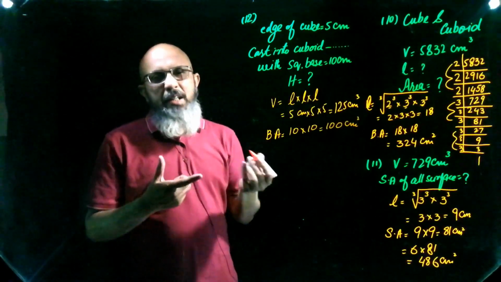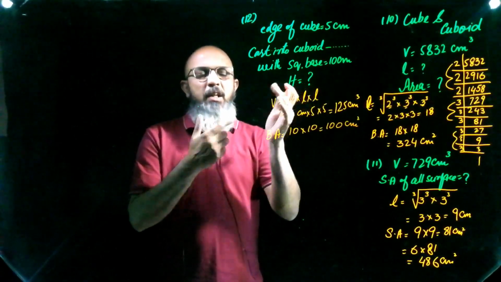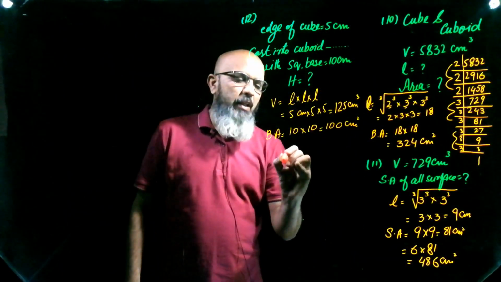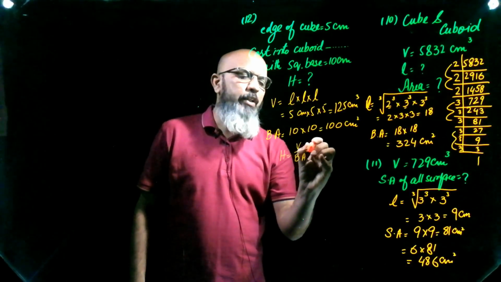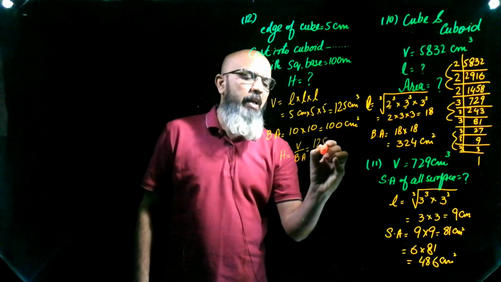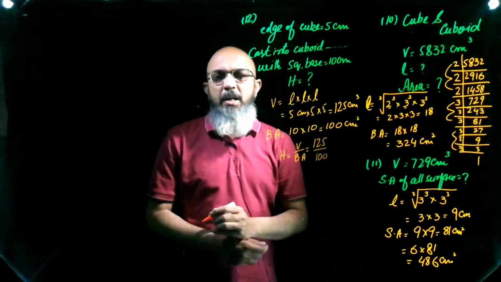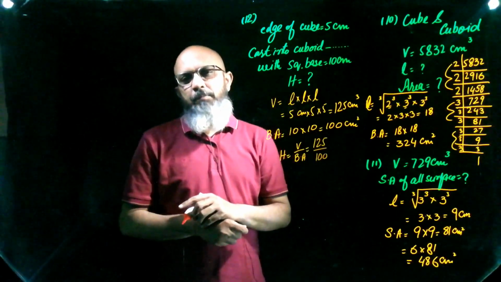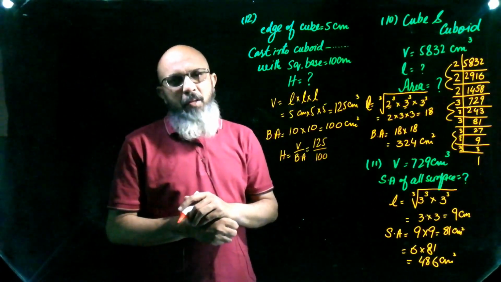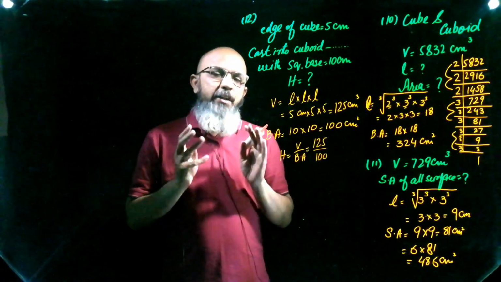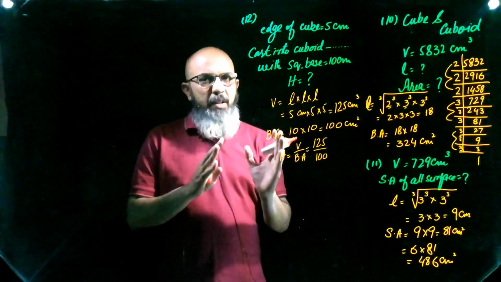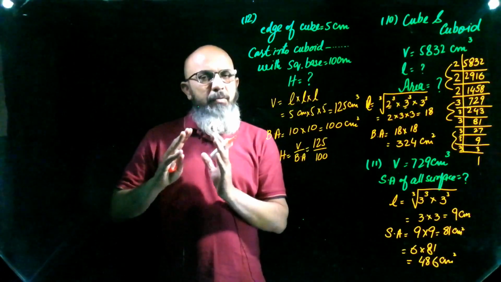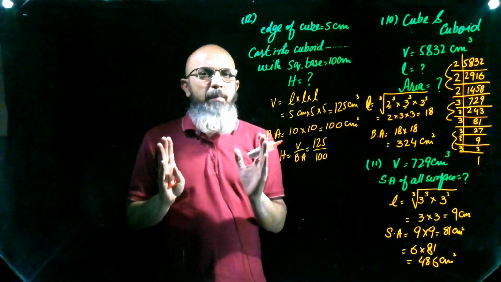So now the last thing, the unknown thing, is height. So height is equal to volume over base area. What is your volume? That is 125. What is your area? That is 100. So what will be your answer? Can you guess? Okay, I told you earlier that if you are going to divide or multiply by 10, 100 or thousands or multiples of ten, you don't need to multiply.